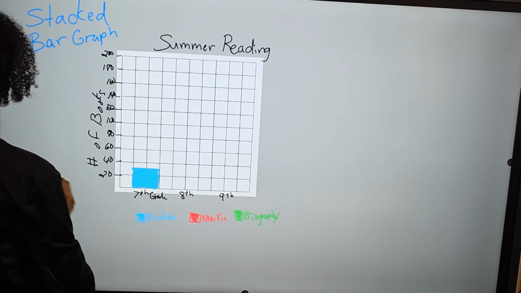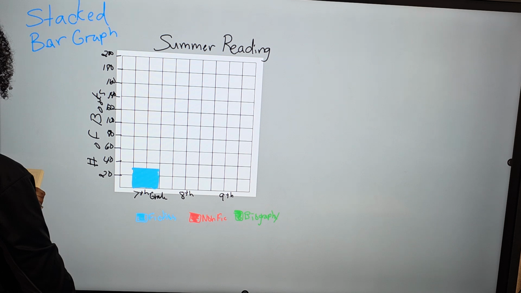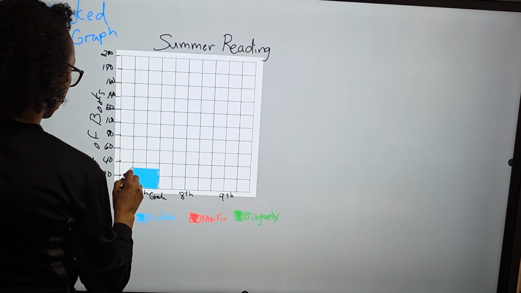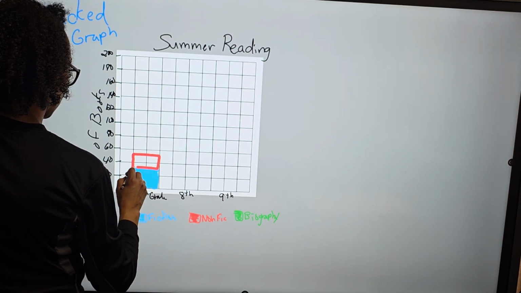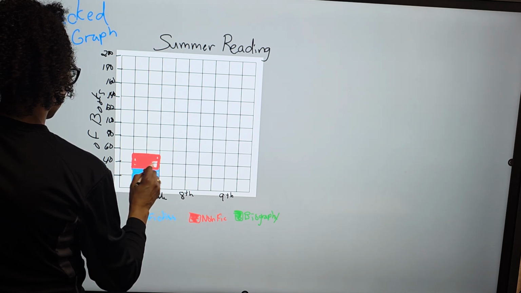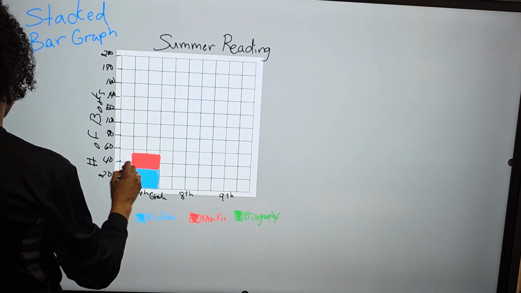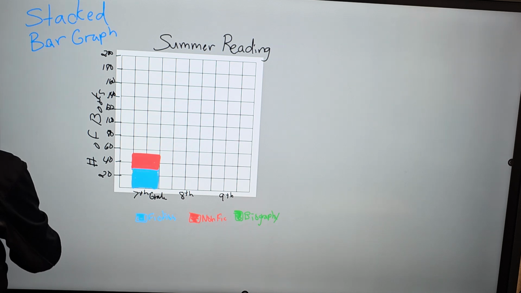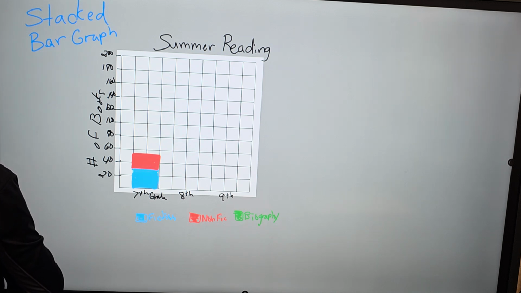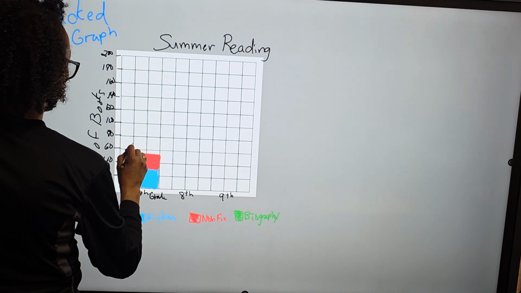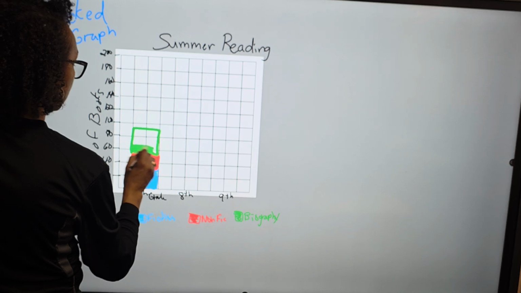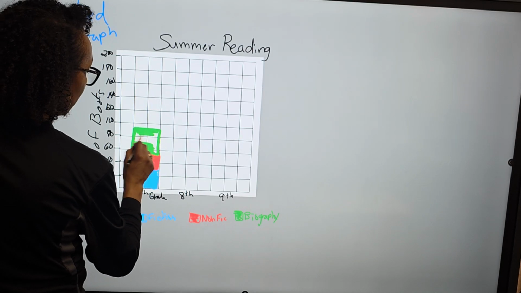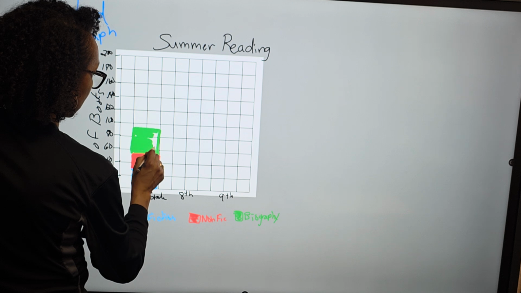All right, then we see the category for nonfiction on the top of that goes up to between 40 and 60. And then biographies start there and go up to between 80 and 100. I have time to sketch all of these in, but I just wanted to explain what this is.